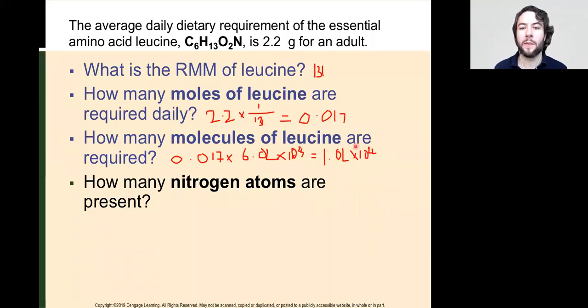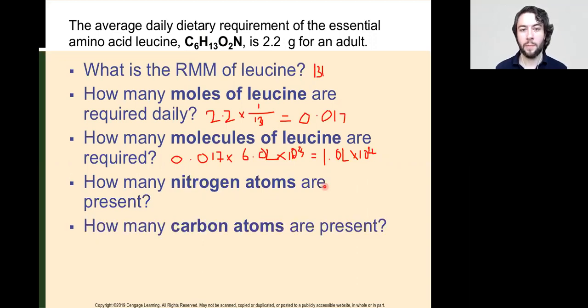So we have this many molecules of leucine, and if there's one nitrogen atom in each, we have the same number of nitrogen atoms. For oxygen atoms, it would be this number times 2 because we have 2 oxygen atoms. For hydrogen, it would be this number times 13. And for carbon, it would be this number times 6.